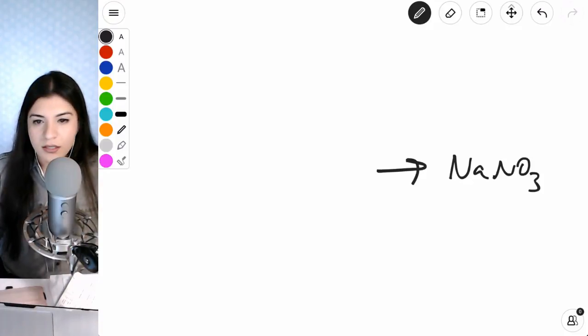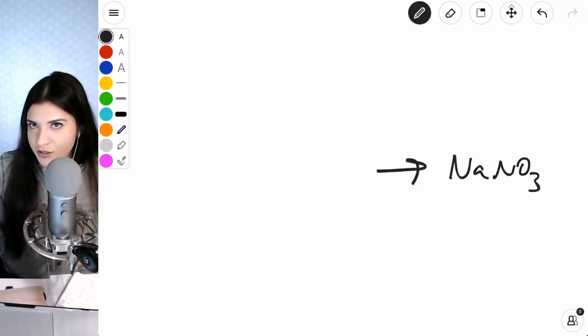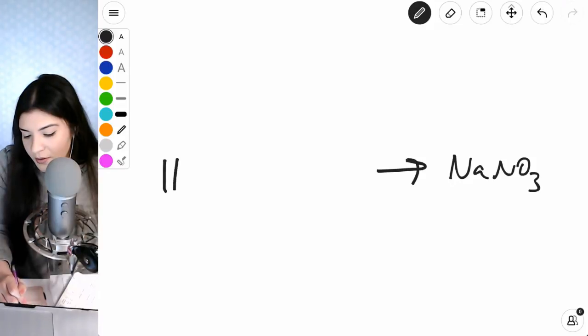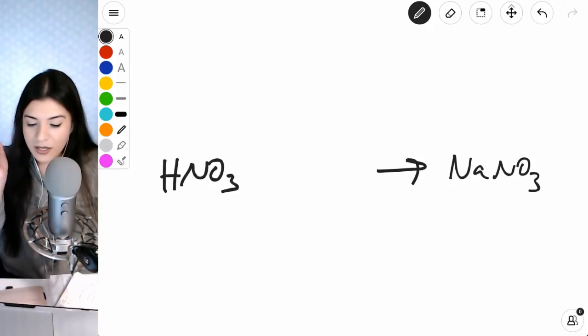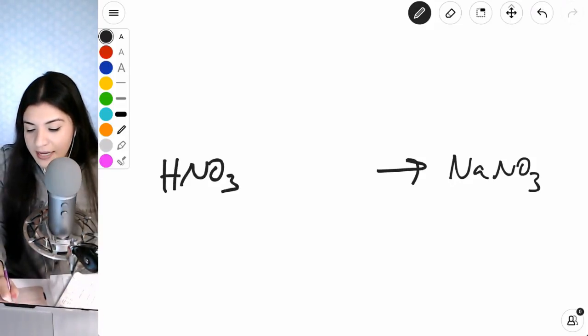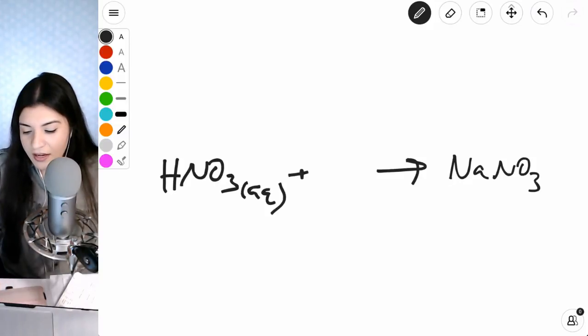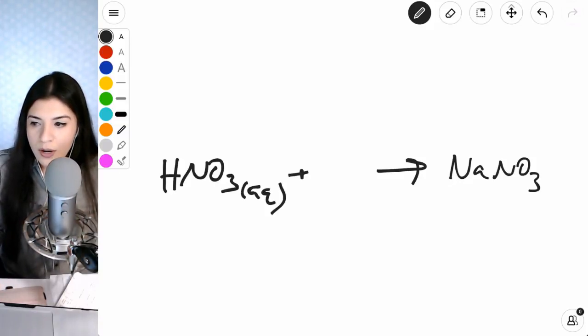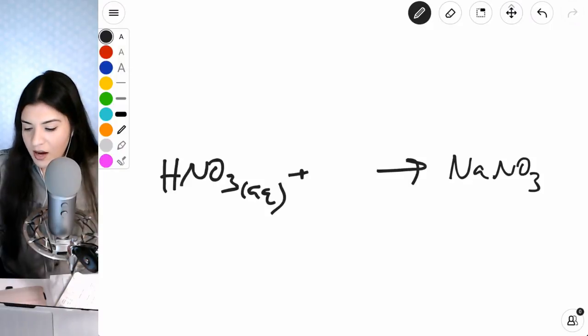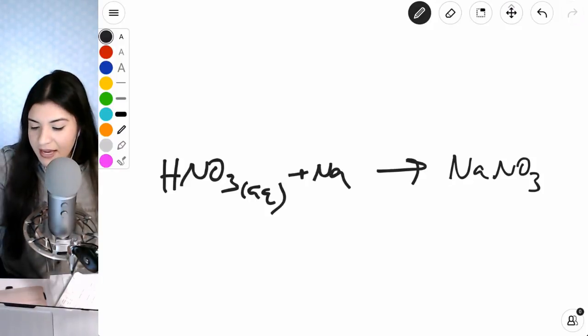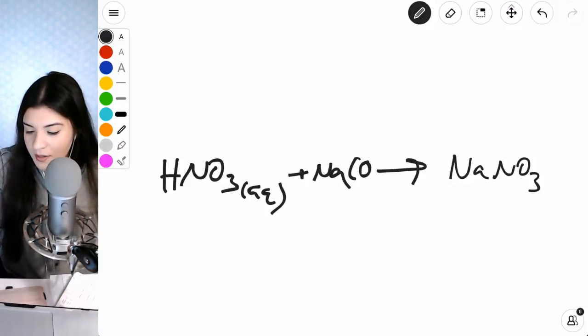So what we could have used was some sort of acid that actually contains nitrate. So I would say nitric acid, HNO3, aqueous. And then I would have combined that with something that has Na. So I could have used some sort of salt like Na2CO3. Let me balance this.